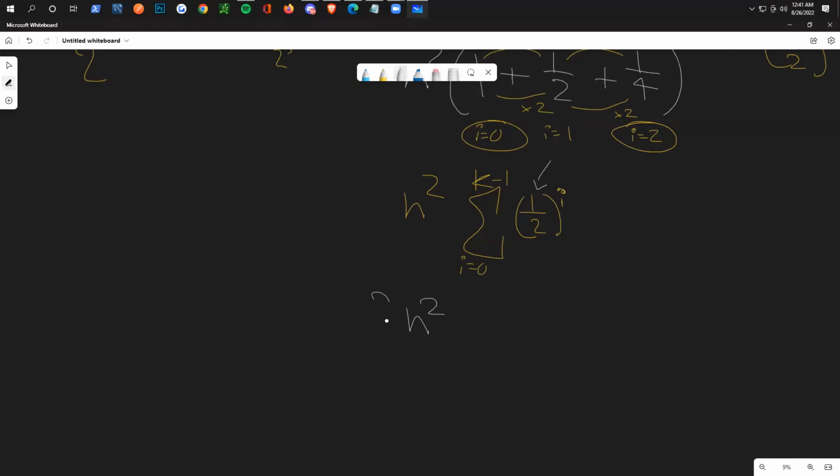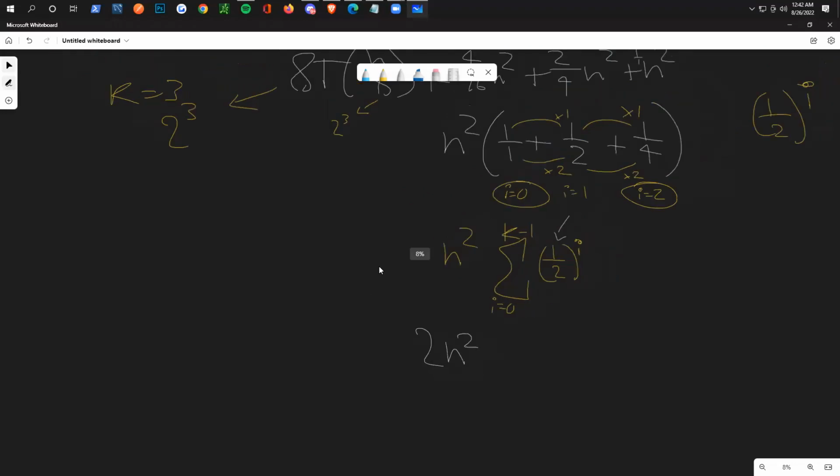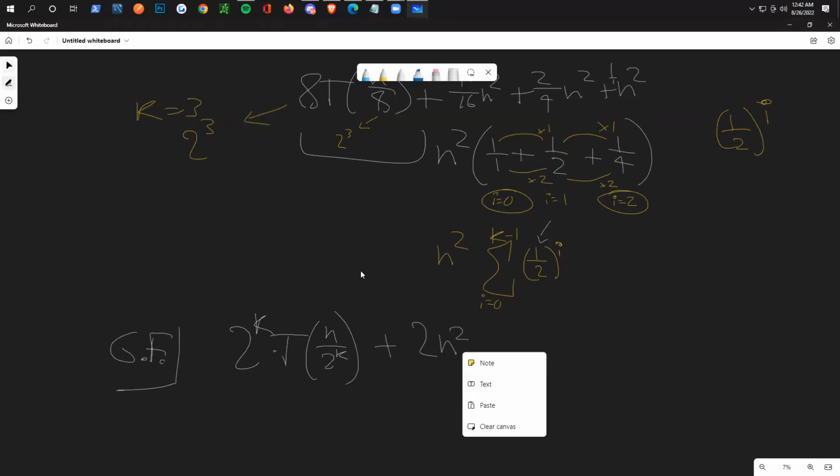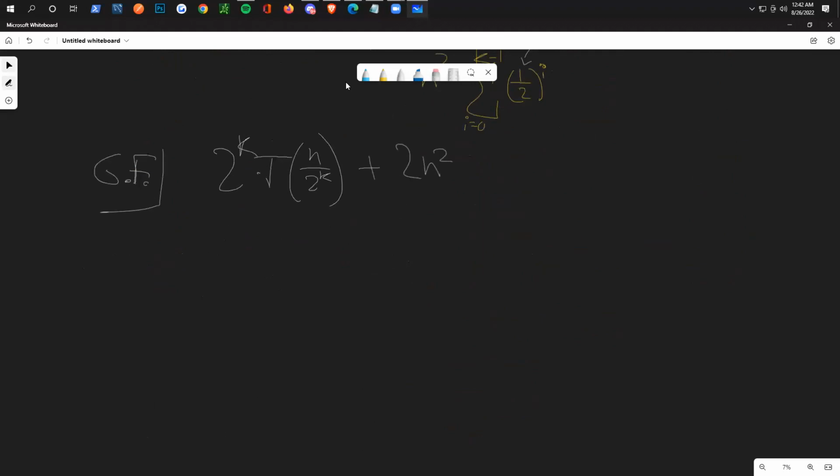So we're just going to have 2. And now let's bring down the rest of this, the recurrence for our general form. So there's going to be 2 to the k times T of n over 2 to the k, right? And then now let's just solve.